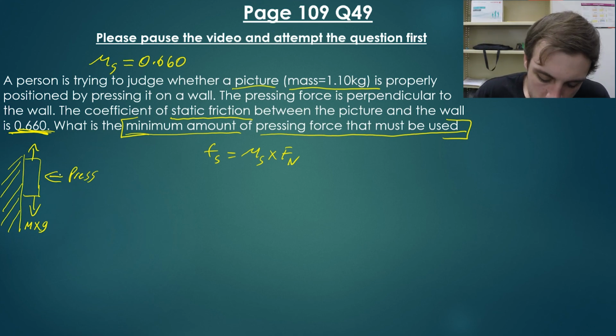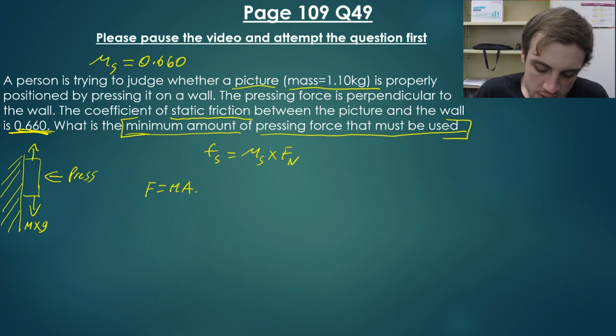So what we do here is we have a look. So we've got F equals ma, so force, mass, acceleration. So we want to know the force, because this force is going to be our frictional force, is equal to the mass. So we were told the mass here, so it was 1.10 kilograms, multiplied by the acceleration.